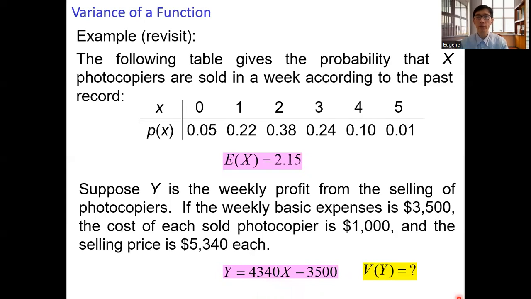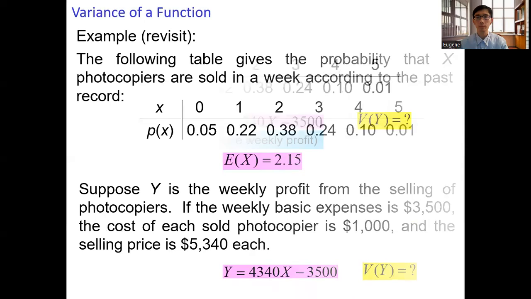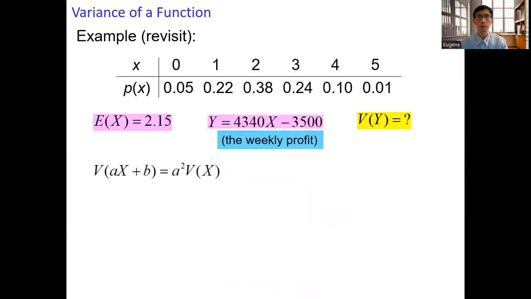And what is the variance of Y? Here, the profit function is a linear function. So we get the variance of ax plus b equals a squared times the variance of x. To get the value of the variance of x, we apply the shortcut formula. Variance of x equals the expected value of x squared minus the square of the expected value of x. Now we can start doing the substitution.